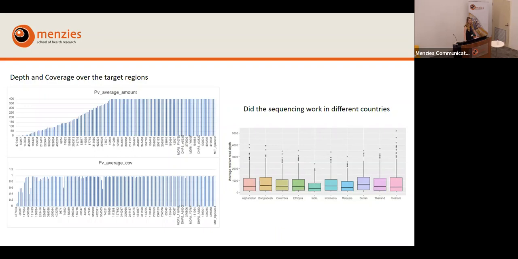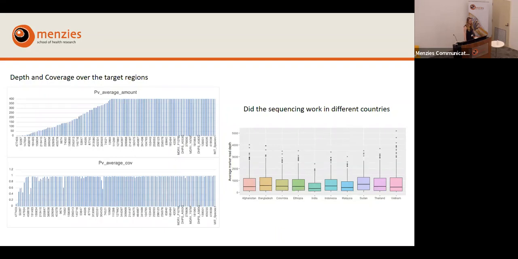There are some here that obviously didn't sequence very well. Looking at the coverage, if you have a low depth, you would expect also to have a pretty poor coverage. And yes, we do see that, but we also see some markers that had a pretty poor coverage although they had a good depth. That's an indication for the target not being fully sequenced, and with that, not really great for us.